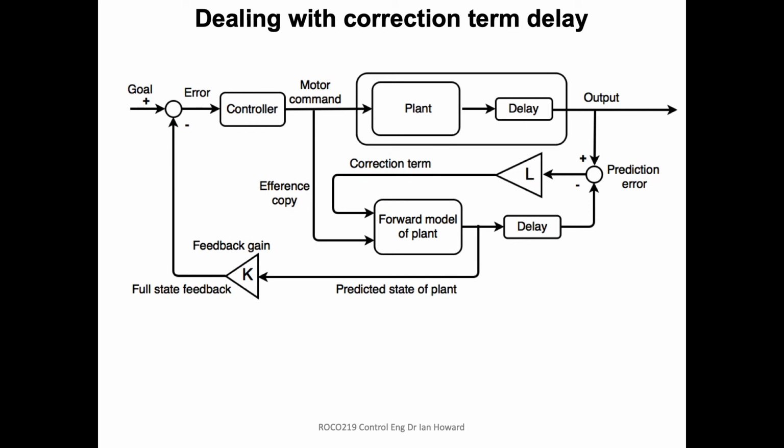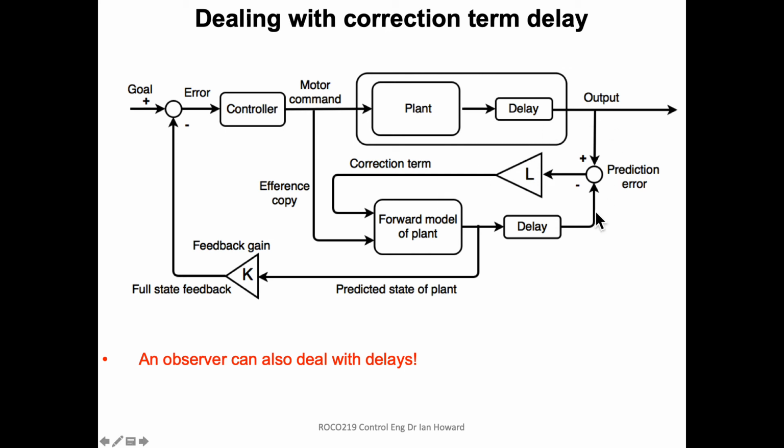Now, what I haven't mentioned so far is the fact that something nasty can happen with real systems, and that is the plant can sometimes have a delay in it. So, we do something and it takes a bit of time before the output actually appears. Now, that's a sort of a nightmare scenario for control engineering, because if you feed back an out-of-date output, you automatically get this phase shift, right, which is frequency dependent.